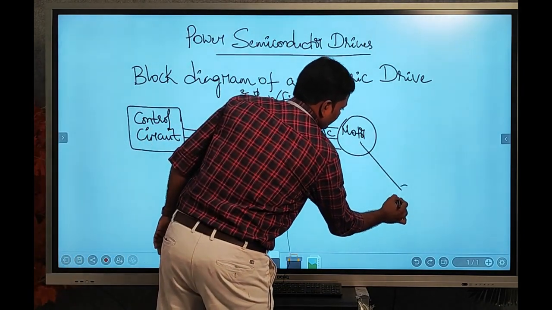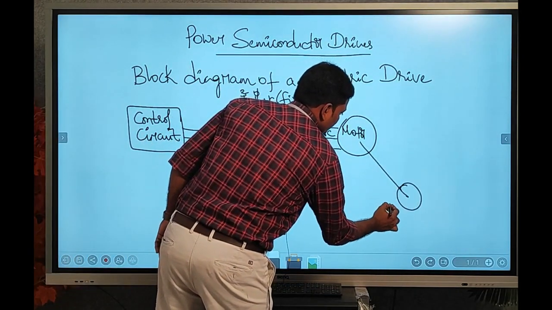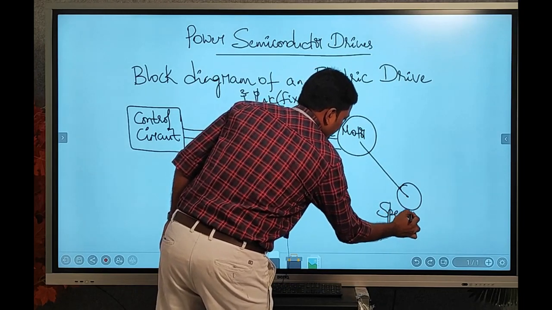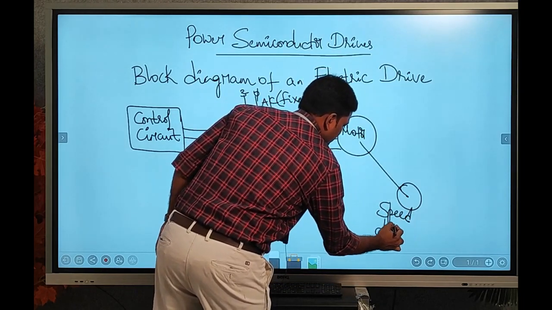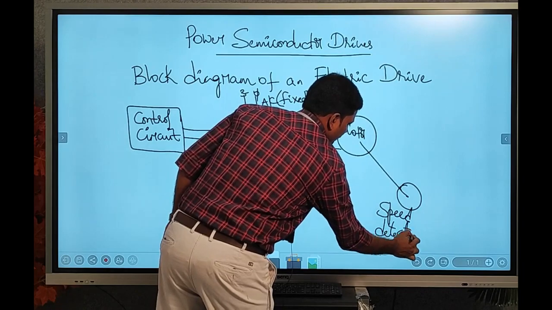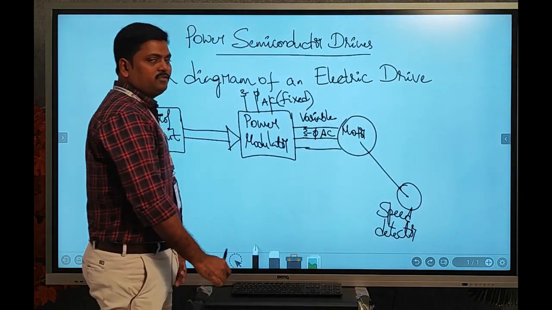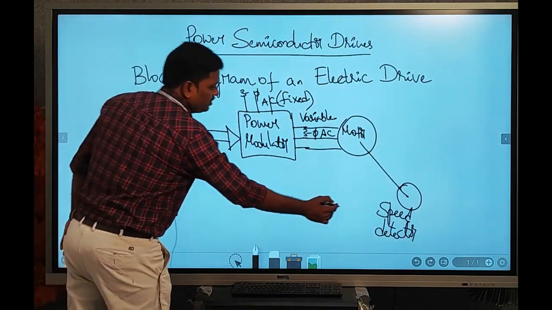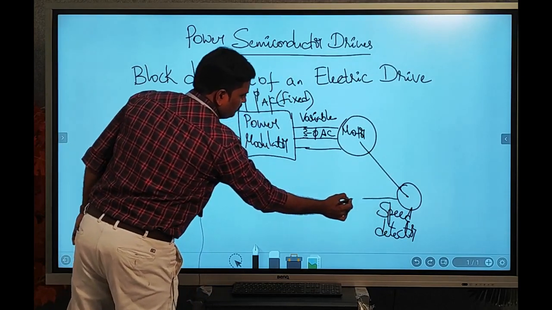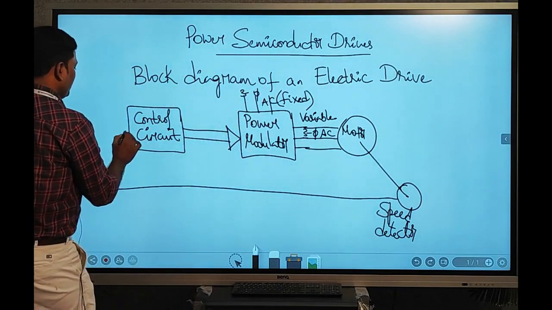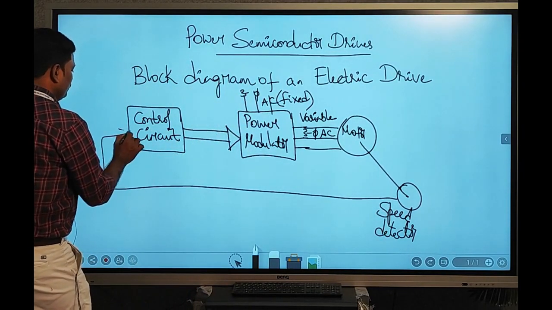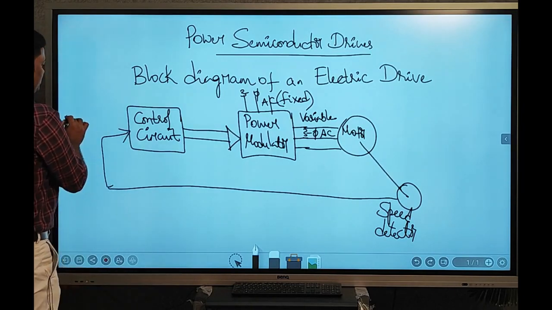And we have a speed detector, maybe a sensor which always senses and measures the value of the speed of the motor, and the value of speed is being fed as input to our control circuit.